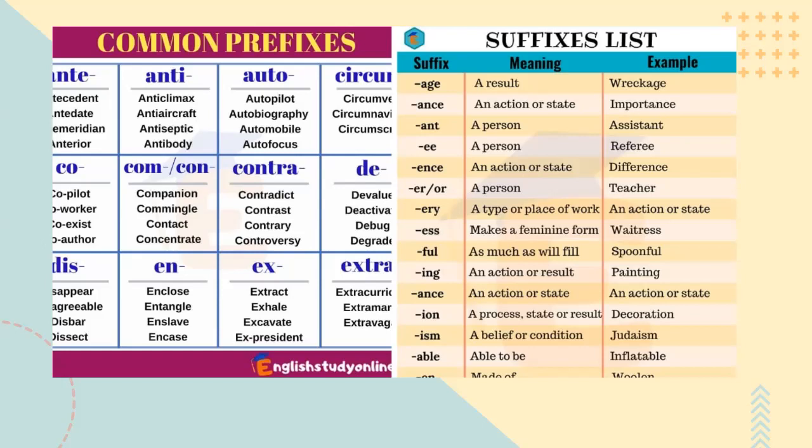How are they related? So morphology is about studying the parts, and so the word can be broken down into the prefixes, the suffixes, and then the root.